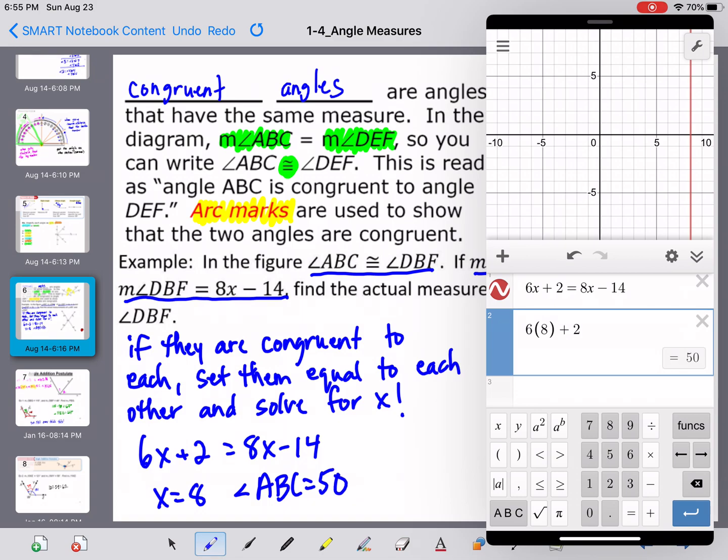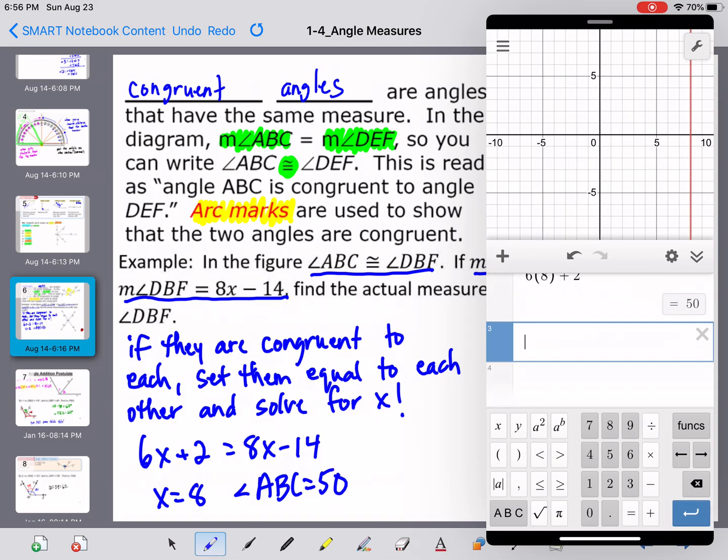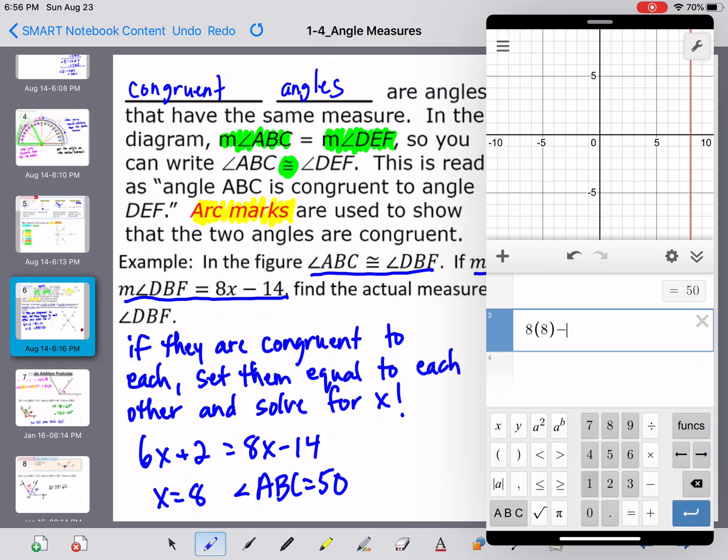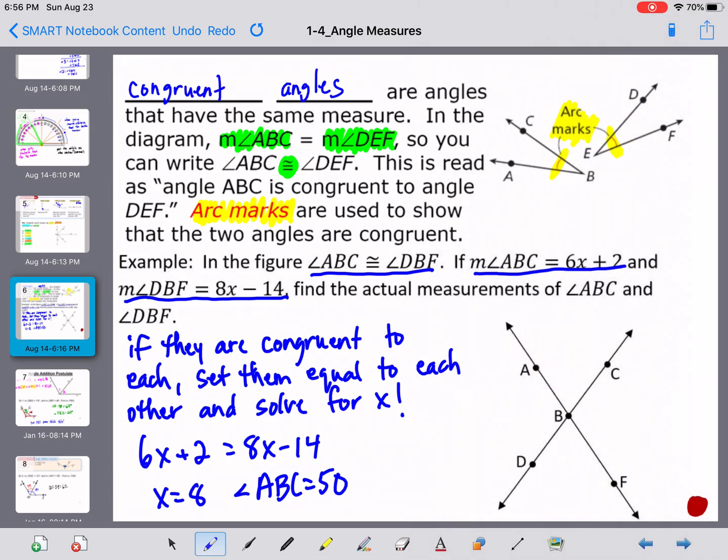If those two angles are congruent, what should DBF be when I back substitute? 8 times 8 minus 14, yep, it's 50. So we can see that angle ABC and angle DBF are both 50 degrees. That's it, ladies and gentlemen. That is angle measures.